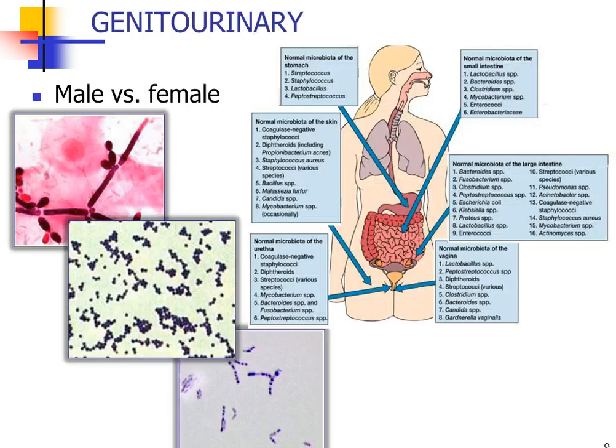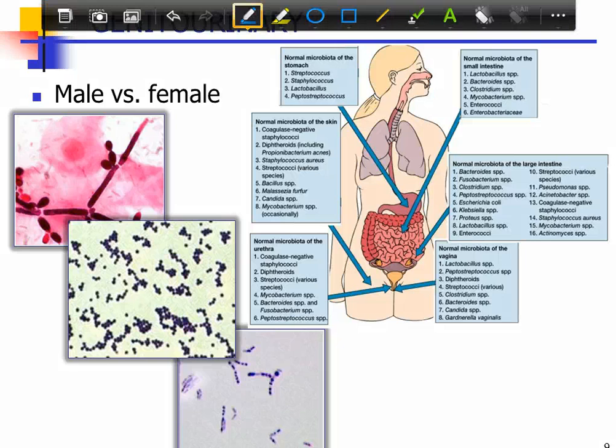Okay, we move down into the genitourinary tract. I've combined them together here. Because, for example, in men, the urethra is both a conduit for semen as well as a conduit for urine. So it merges together in men, although it's separate in women. So the organisms you see in this area, here are three common ones.